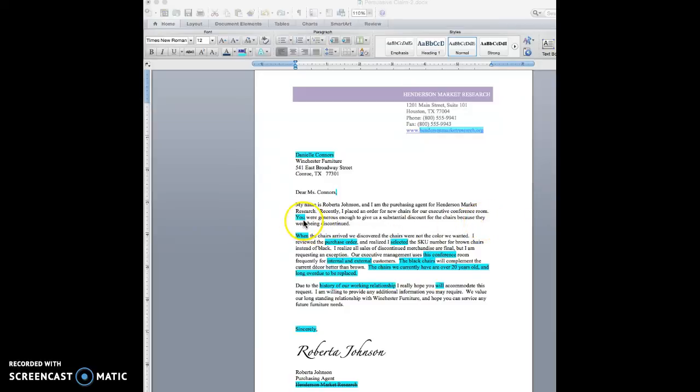I also have a little bit of a problem with her using you, although you does make this a little less formal. It says, "You were generous enough to give us a substantial discount for the chairs." Maybe Winchester Furniture was generous enough to give us a substantial discount for the chairs. The you kind of sounds like she spoke to Miss Connors when she placed the order.